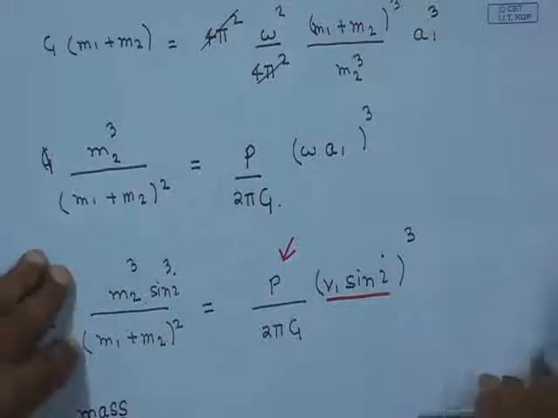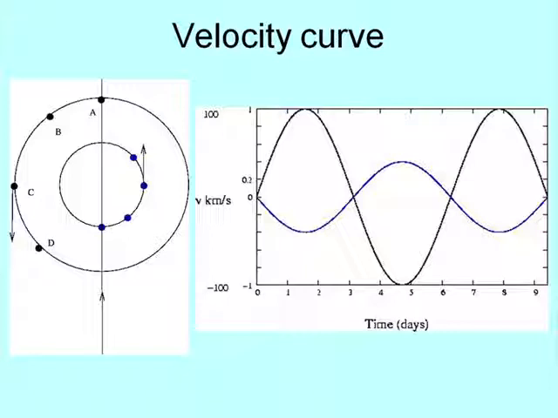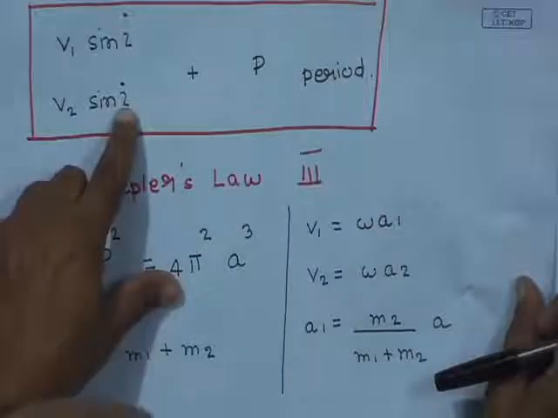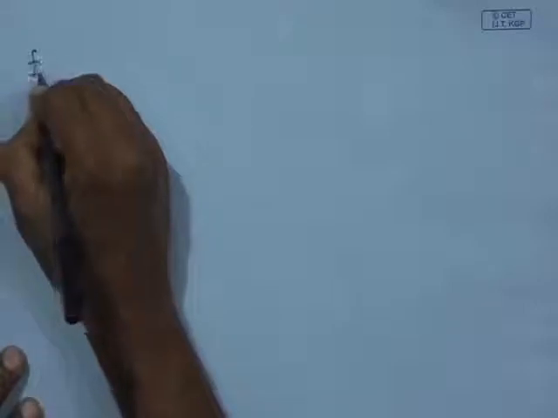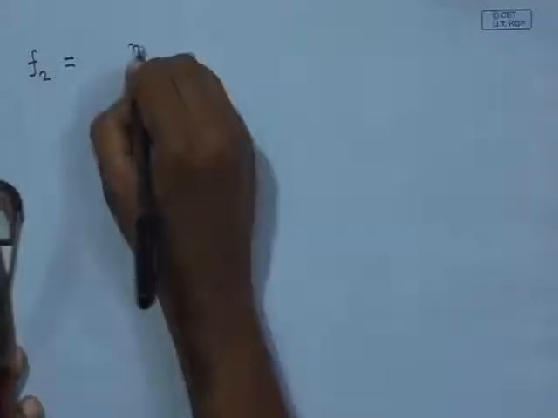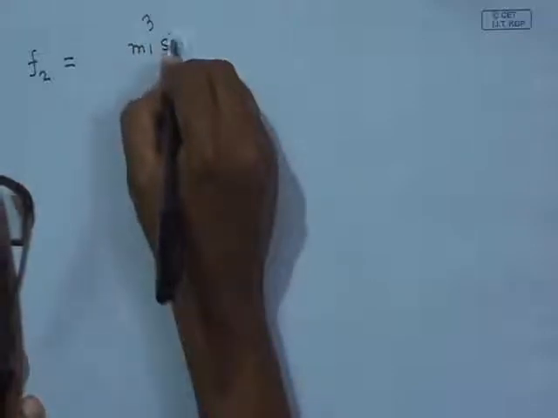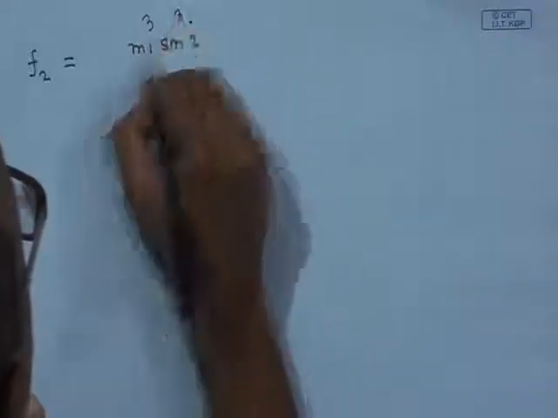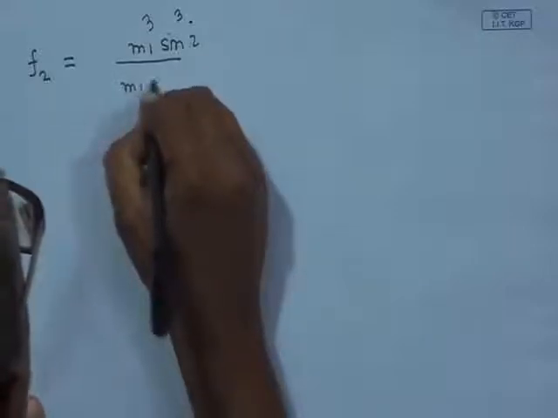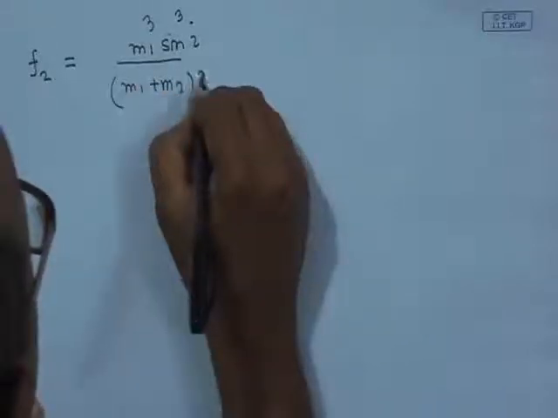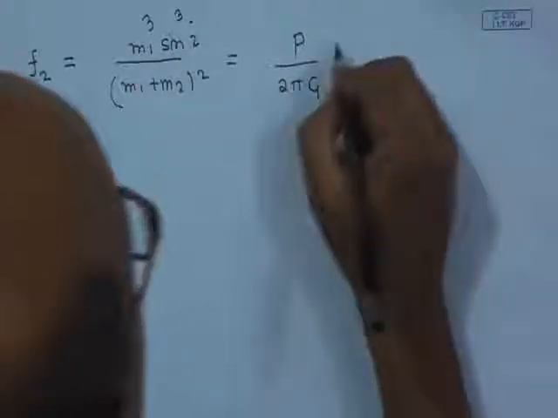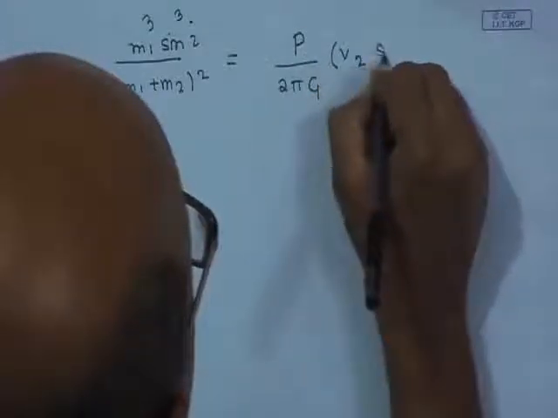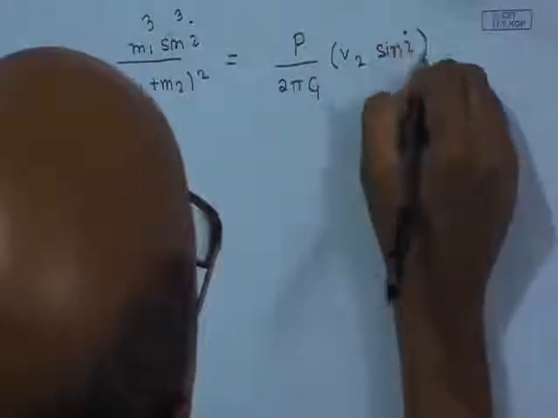Similarly, if I had the observations of the second object, they will give me V2 into sine of the inclination angle, and what I will get from this is the mass function of the second object, which is equal to m1 cube sine I cube by (m1 plus m2) square, and observationally this is P by 2 pi G, V2 sine I cube.